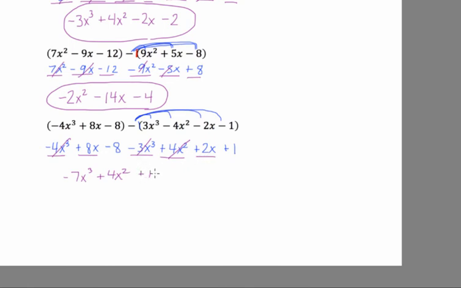They can be combined to be positive 10x. And then the constants, negative 8, positive 1. Again, think money. Lose $8, gain 1 back, you're only 7 in the hole now. And there's our answer. A 4-term polynomial with degree of 3.